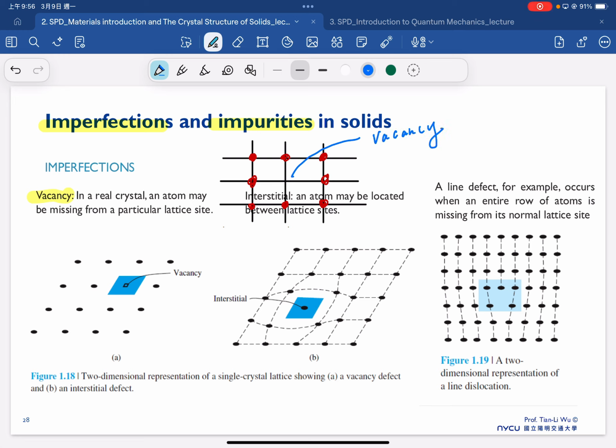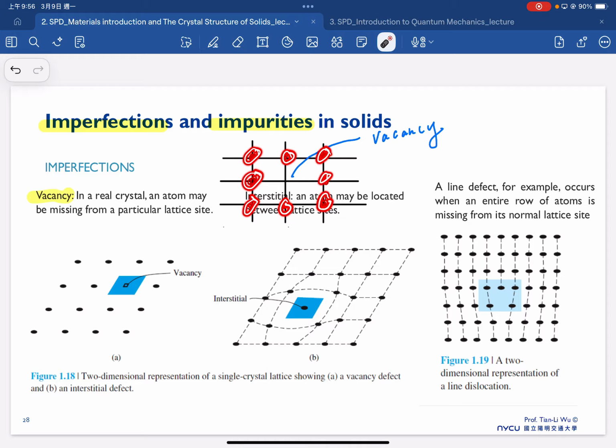So this is a vacancy. And this vacancy in the end will create lots of issues, especially related to reliability, because ideally you have the atoms nicely placed in this region, but suddenly you have one vacancy here.